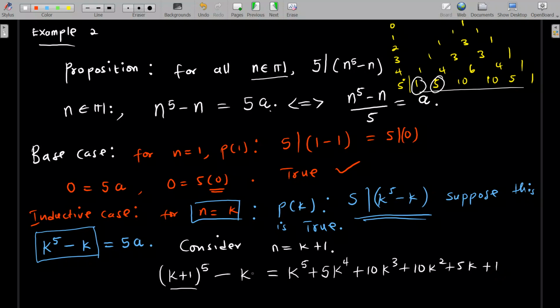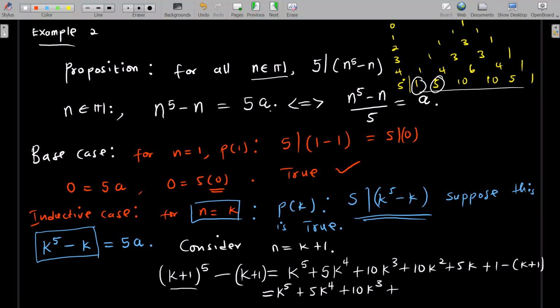Actually we left something. This is plus 1 here. We're considering n equals k plus 1, right? Now if you look at it clearly, you get k to the 5th plus 5 to the power that, plus 10 to the power 3, plus what is it here?